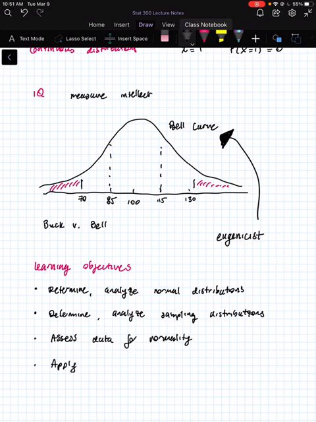And we'll apply the central limit theorem, which is a very celebrated result in statistics that tells us that the larger the samples that we take, no matter what the underlying distributions are for these samples, the means are going to be normally distributed. So in other words, bell curves arise in many, many more situations than we would naturally think of. And so for this reason, we are so interested in the normal distributions, and we will cover these objectives.